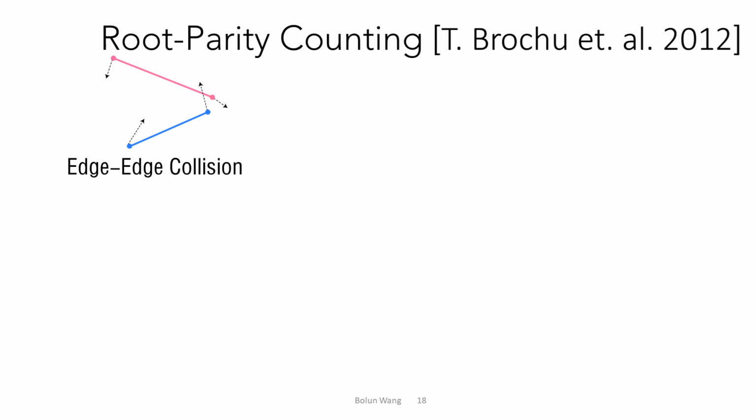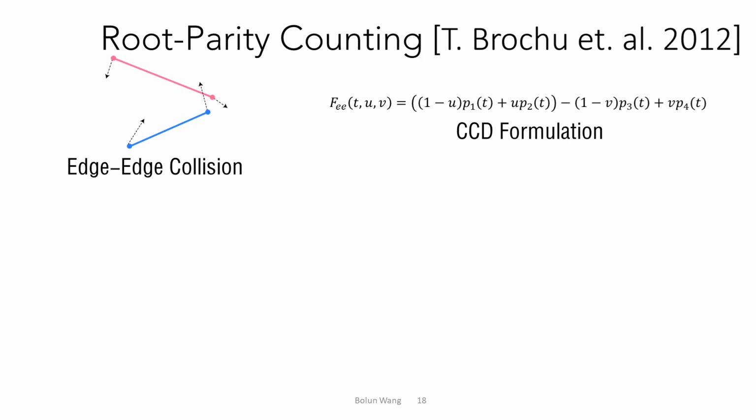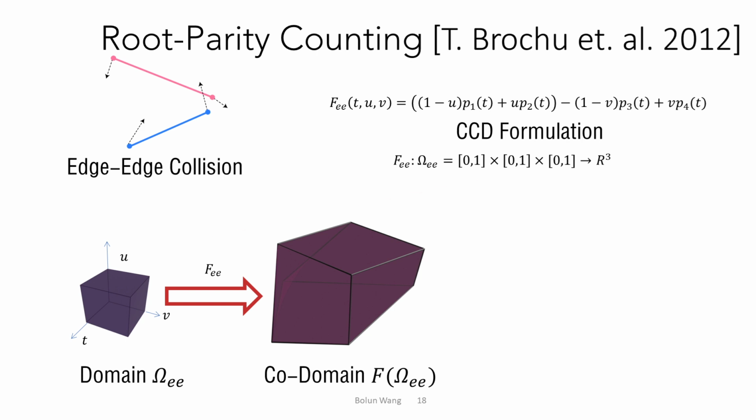Let's still take edge-edge collision as an example to explain this algorithm. As mentioned before, finding collisions between two edges equals finding the roots of a low-degree polynomial. And Brochu et al. noticed that it maps a unit cube to a generalized hexahedron.